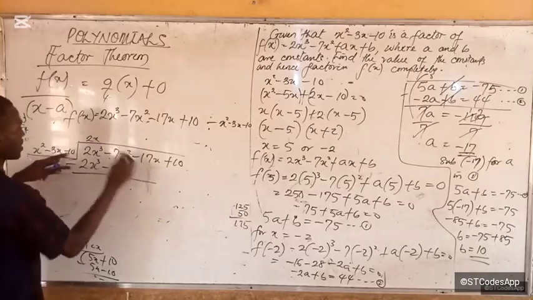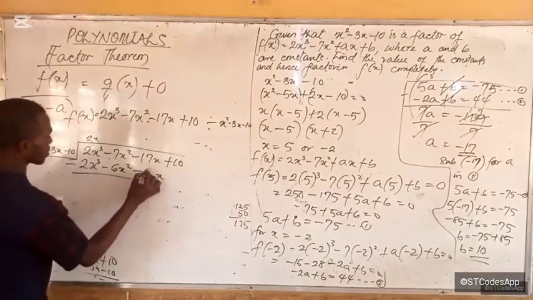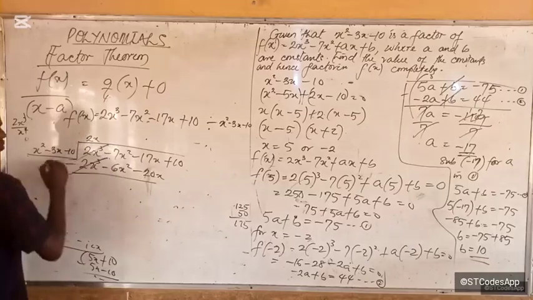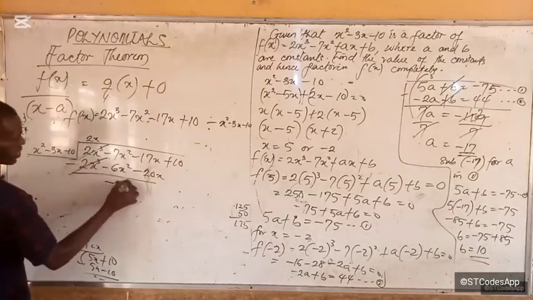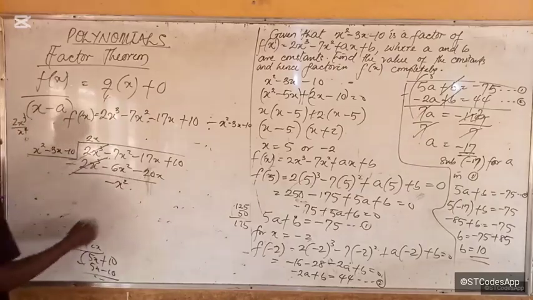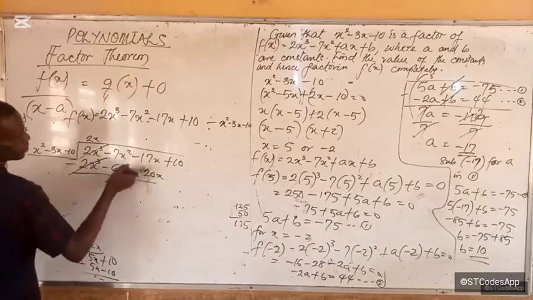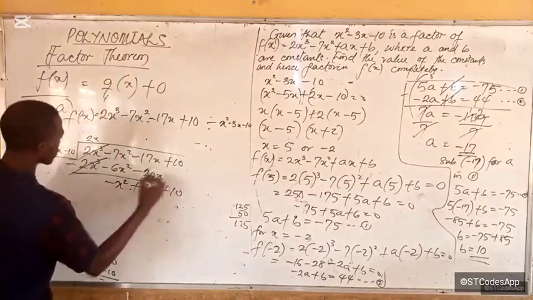Then you have this times this will give you minus 20x. So this gives us 0. Then minus this, minus this plus this, that is minus x squared. Then minus this, minus this plus this, that will be plus 3x plus 10.